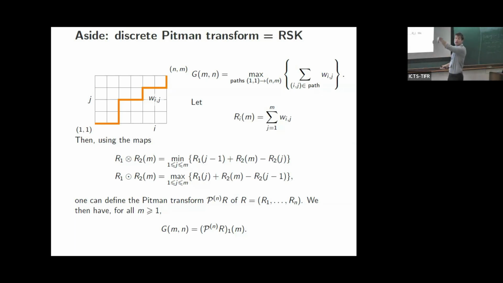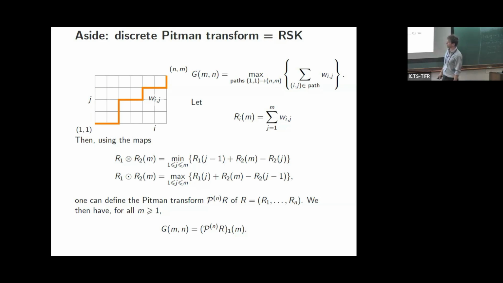And then when I have discrete functions, like those R_i's, I can again define discrete operations times and dot, a little bit as before, except that here I have a j minus 1, but that's just a detail. Then using those discrete elementary Pitman transforms, I can define, as I did before, a generalized Pitman transform that acts on n components. So with these functions R_1, R_2, up to R_n, I can apply a Pitman transform to them.